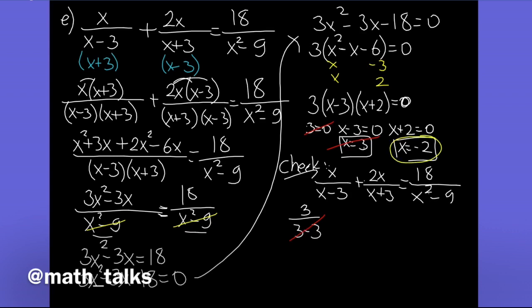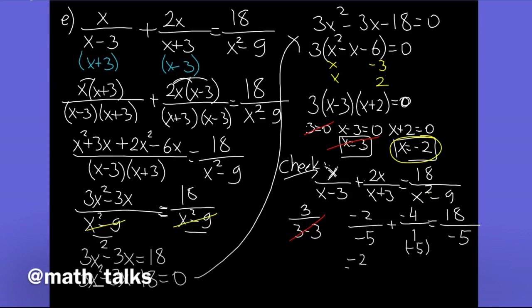So now let's check for x equals negative 2. It will be negative 2 over negative 2 minus 3, negative 5, plus negative 2 multiplied by 2, negative 4, over negative 2 plus 3, which is positive 1, equals 18 over negative 2 squared, which is positive 4, minus 9, negative 5. Now here we need negative 5 as a denominator, yes? So I need to multiply my second rational expression by negative 5.